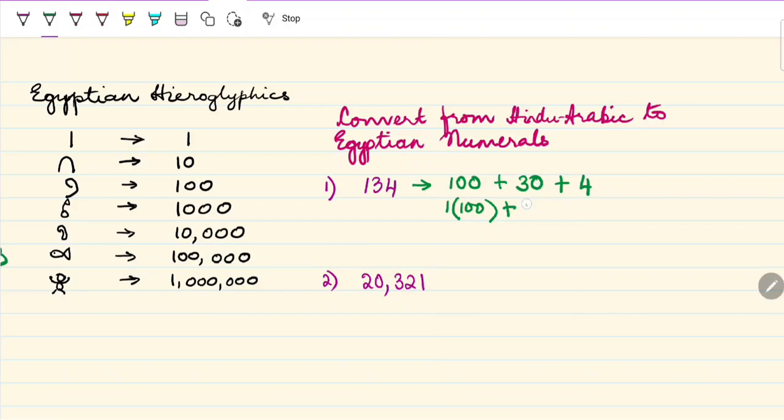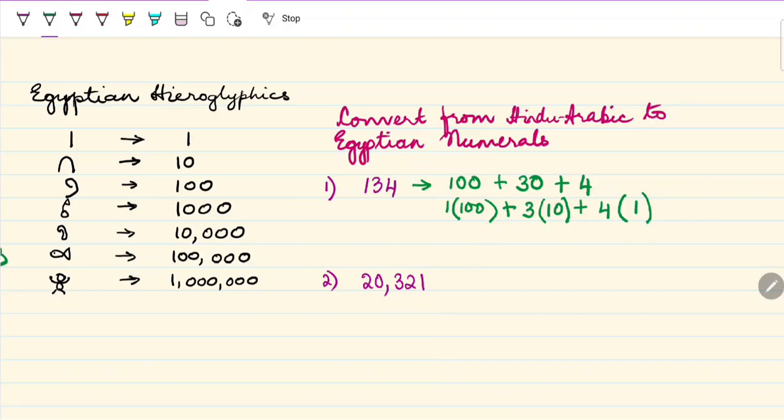So 30 can be rewritten as 3 times 10, and then 4 can be written as 4 times 1. All right. So in the second step, I have written this entire 100 plus 30 plus 4 in terms of the values in the Egyptian system. So the Egyptian system has either 1, 10, 100, 1000 and so on. So that's why I rewrote it as 1, 100, 3 10s and 4 1s.